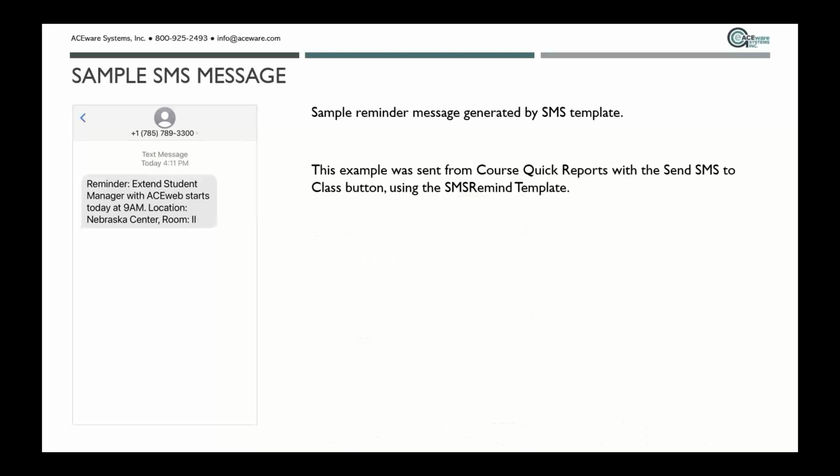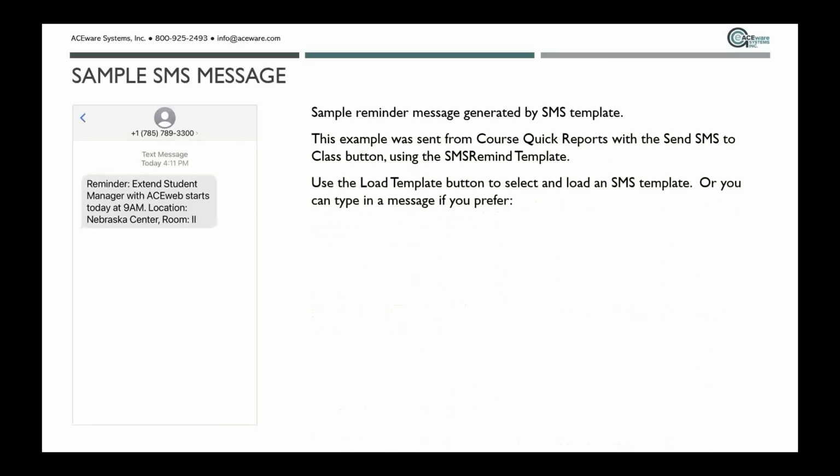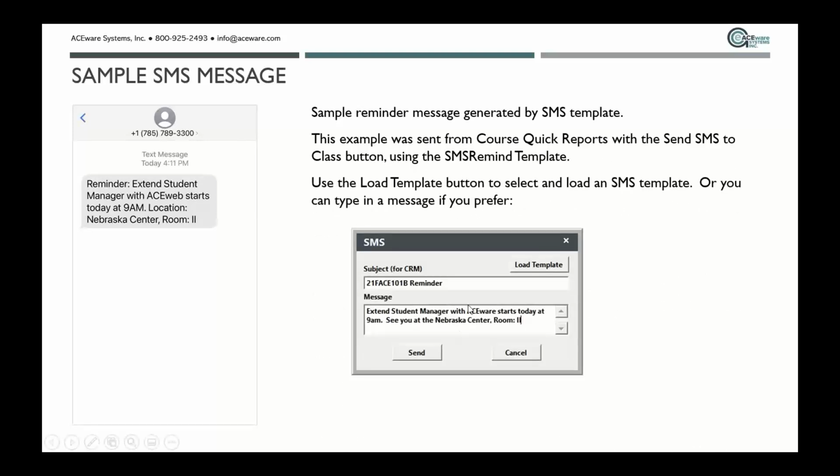This is what the message might look like when you send it to a student. And again, that would be loaded in. You can do a template send to drop the template in if you've got boilerplate text. Hey, remember your class starts tomorrow. You don't have to type it in, or you can always type in the message on the fly.